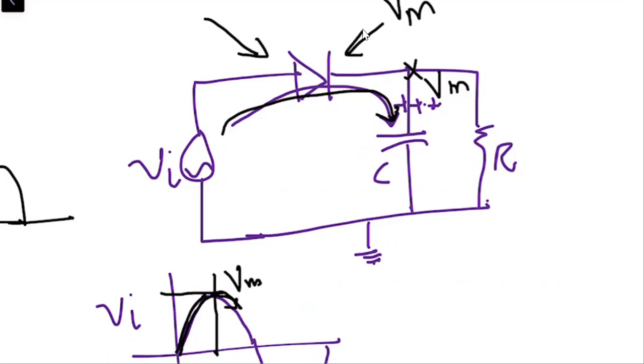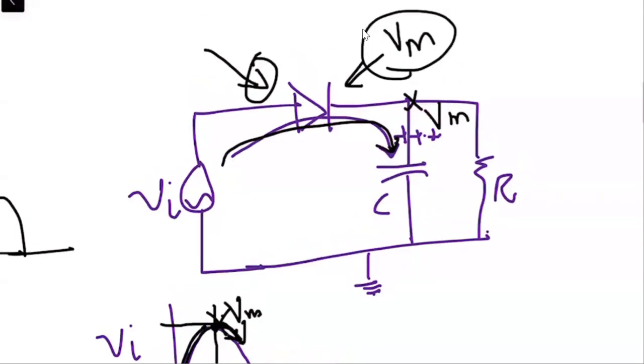Now, when the input starts to decrease from the value Vm, right, this side of the diode has a value less than or equal to Vm.